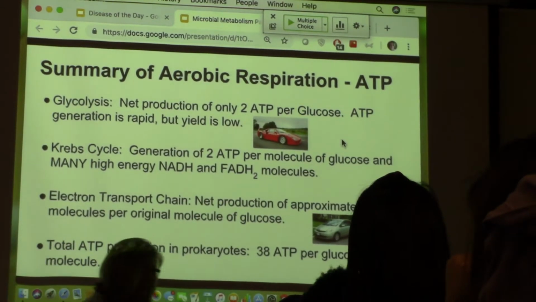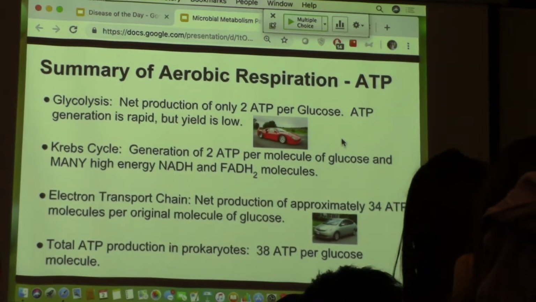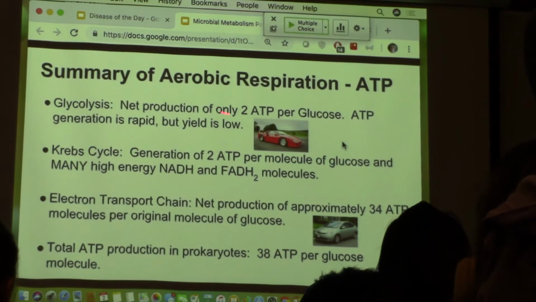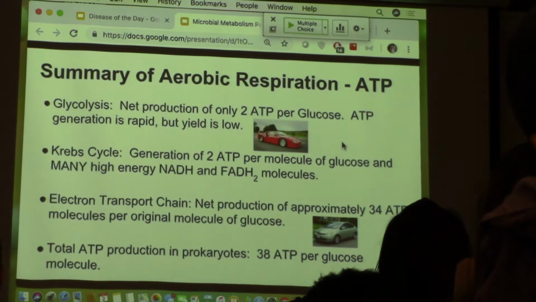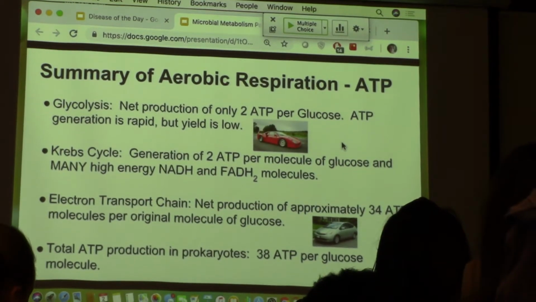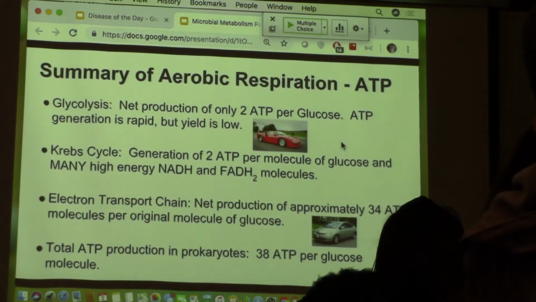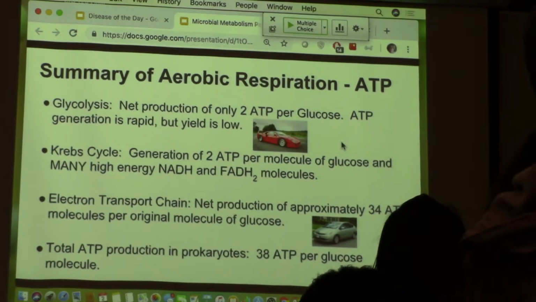So let's just kind of go talk about the big picture, and then we'll talk a little bit about fermentation. So glycolysis is the first step. We produced only 2 ATP per glucose. Glycolysis is very rapid. It's kind of like a Ferrari. So when cells want to make energy really fast, they'll use glycolysis. If you're running up the stairs to get to class on time, primarily what you do is you're burning sugar.